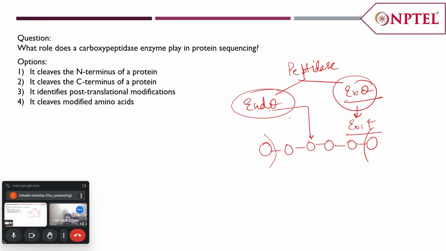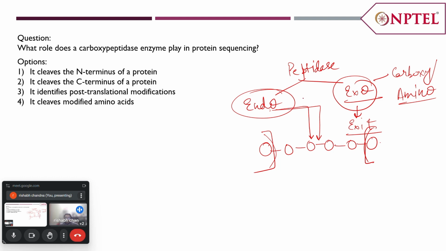So in between. Okay. So the trypsin, chymotrypsin, pepsin are all endopeptidases because they cleave at the middle. And exopeptidases, for example, carboxypeptidase or aminopeptidase, are the exopeptidases. Okay. So carboxypeptidases are the enzymes that cleave the amino acid from the C terminal, and aminopeptidases cleave the peptide from the N terminus.